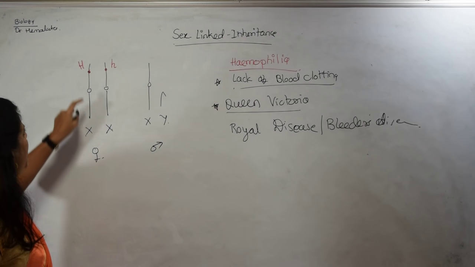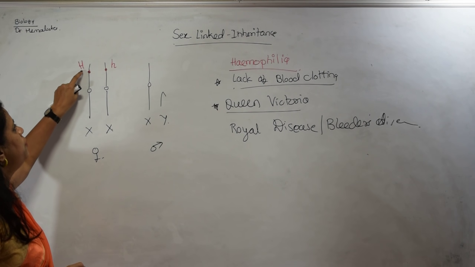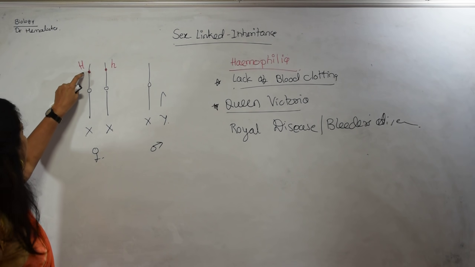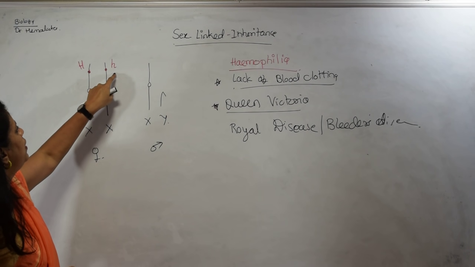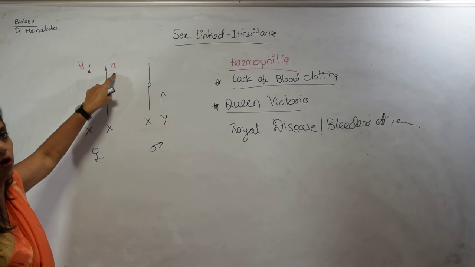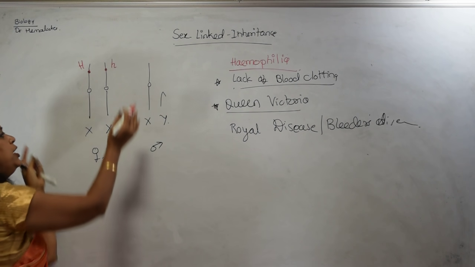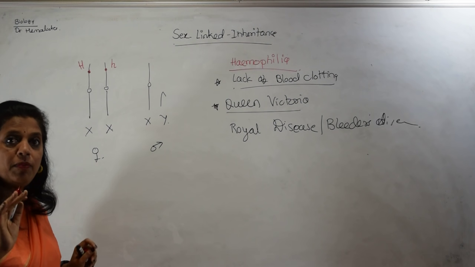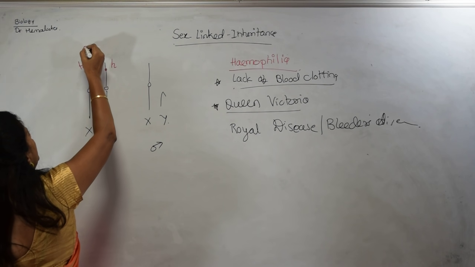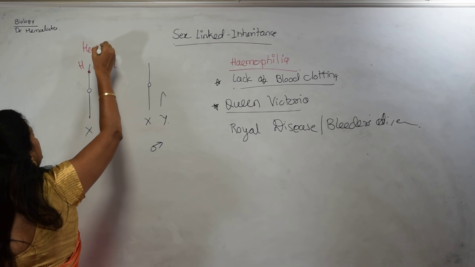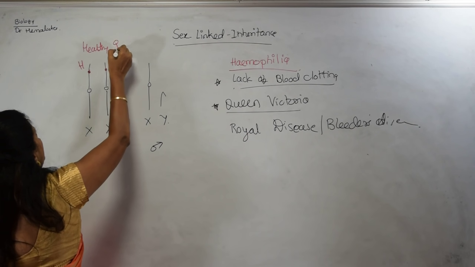If this is a female having heterozygosity, with one normal allele and another allele for the hemophilic gene, she is heterozygous for the normal character. She will appear healthy. She is the healthy female. Why?